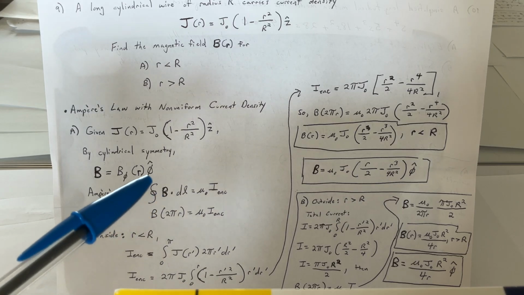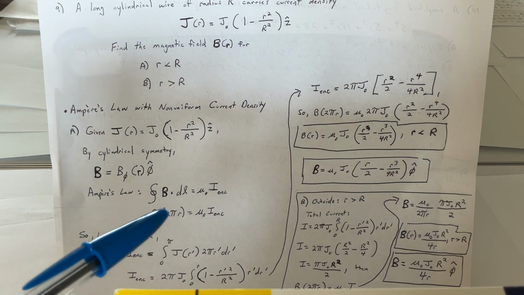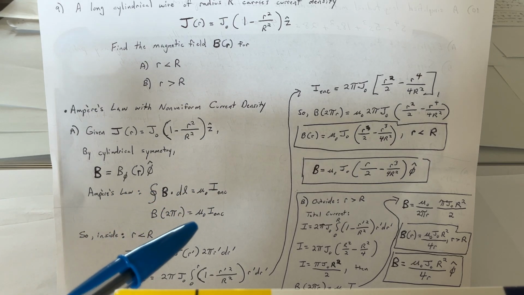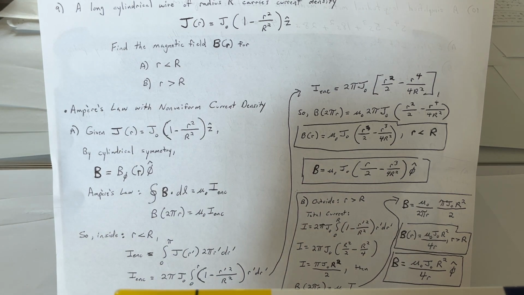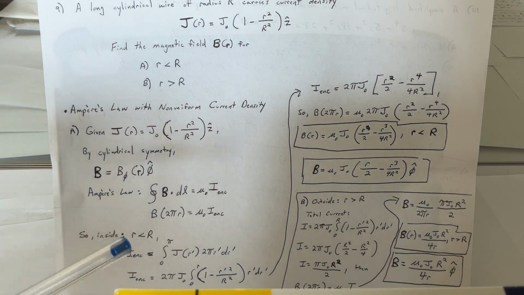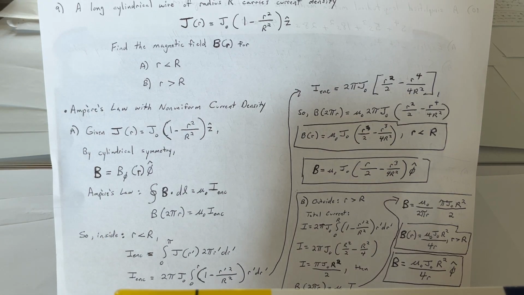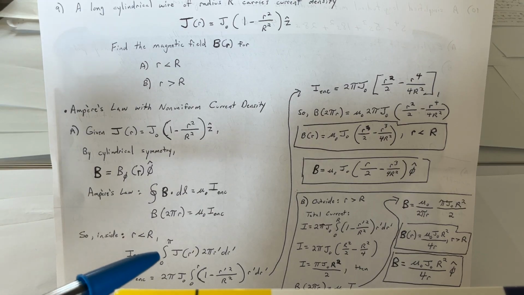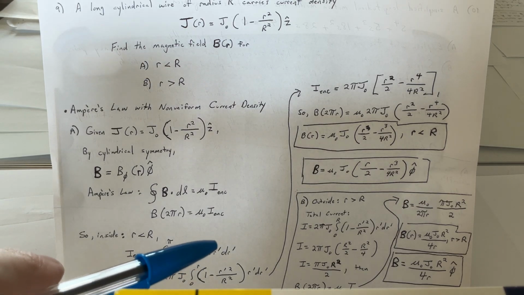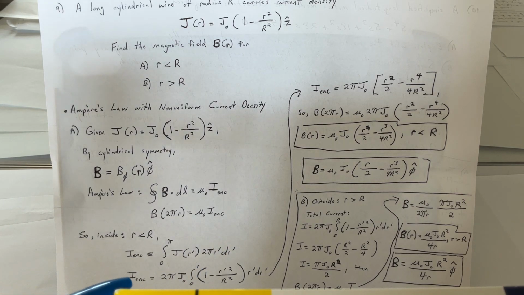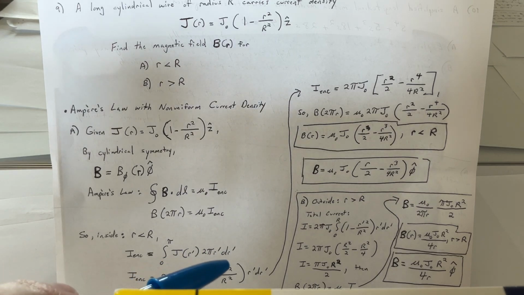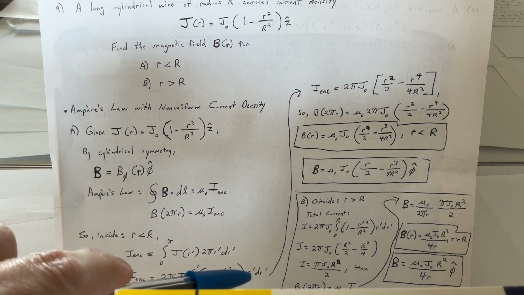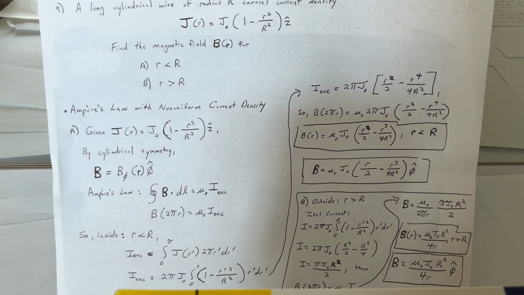Ampere's law, here's what we have: B times 2 pi r is mu naught I sub enc. So inside, r is less than capital R, that I enc is equal to the integral from 0 to r of J of r prime, 2 pi r prime, dr prime. I enc is 2 pi J naught times the integral from 0 to r of 1 minus r prime squared over capital R squared, r prime, dr prime.